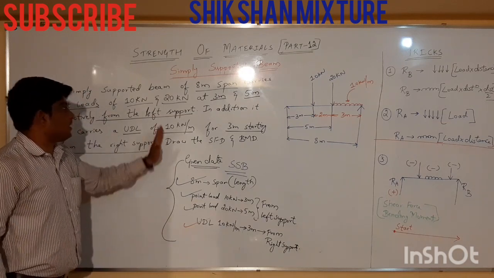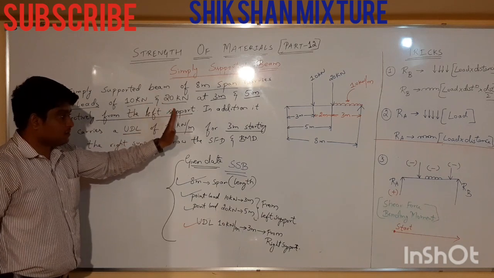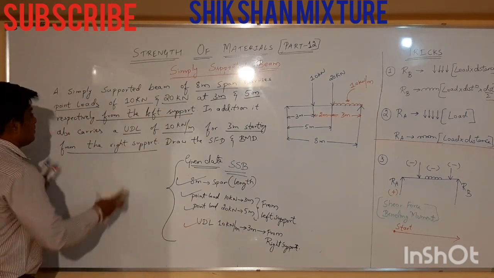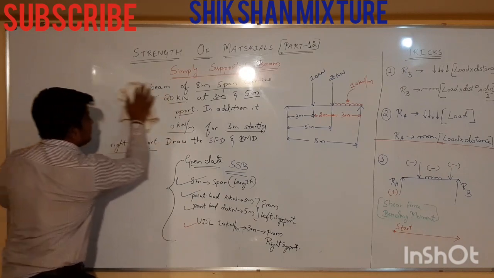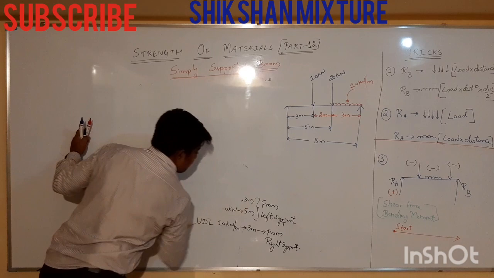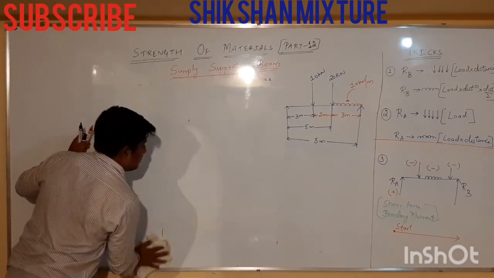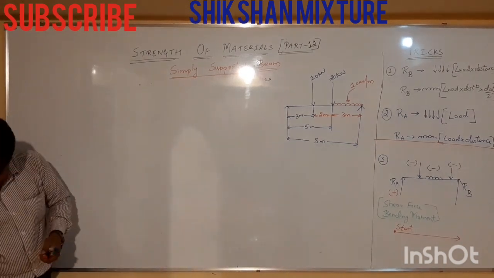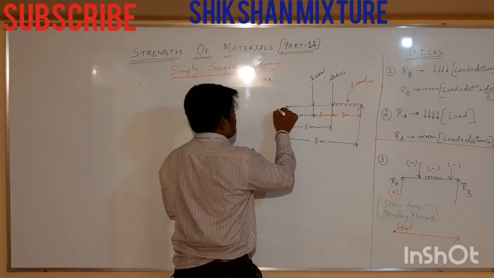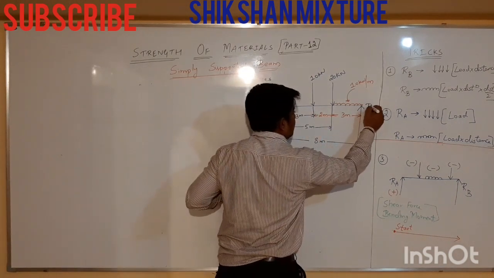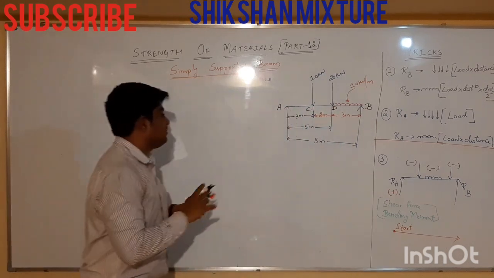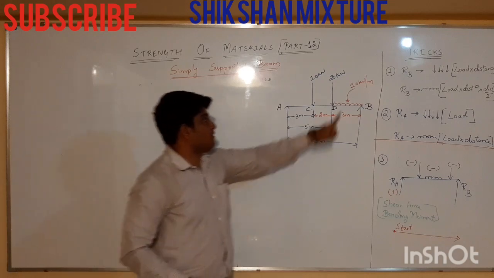We are done with the given data. Now we will name it. This is A. This is B. This is C. And this is D.